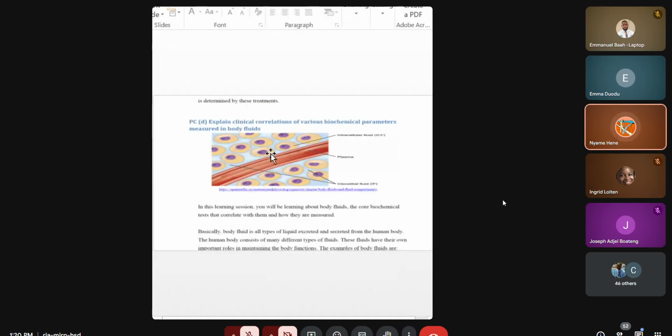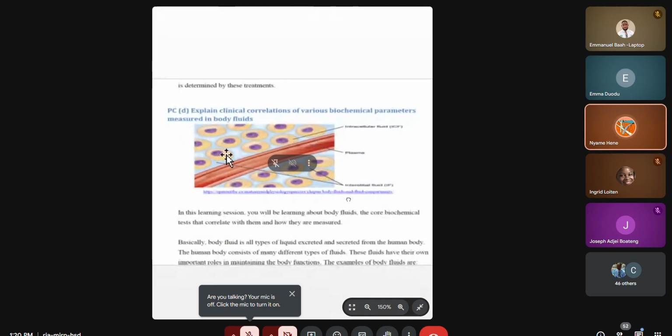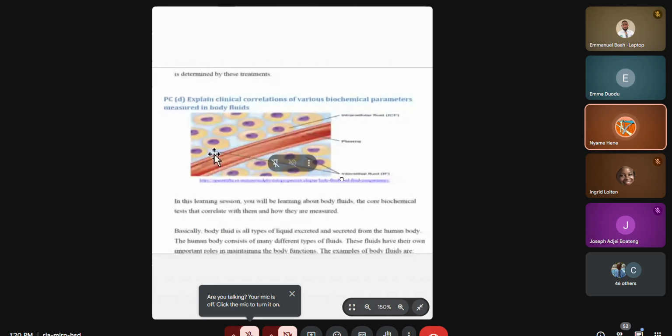When you say interstitial, then inside the blood vessel becomes intravascular. The cell is the yellow and the purple something. Outside the cell, in between the cells, are the interstitial fluids.